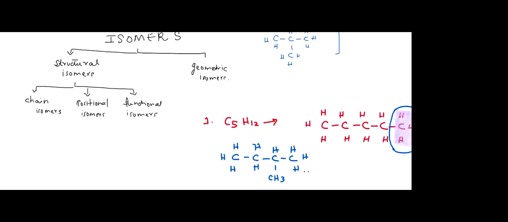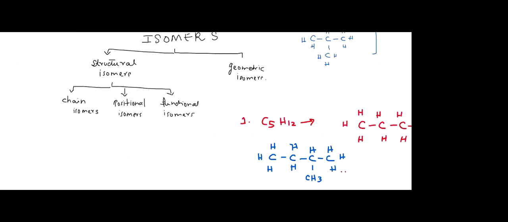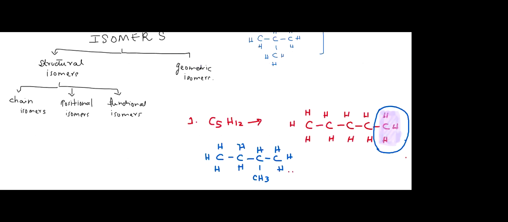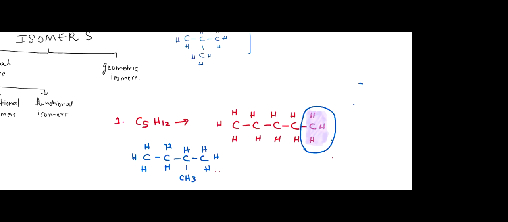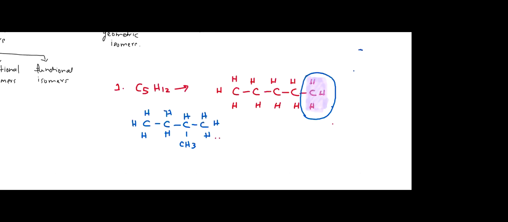You did chain isomerism. You took a straight chain and made a side chain, attaching a branch to it. Again, the number of carbon atoms is the same, the number of hydrogen atoms is the same, but the structure is now different.